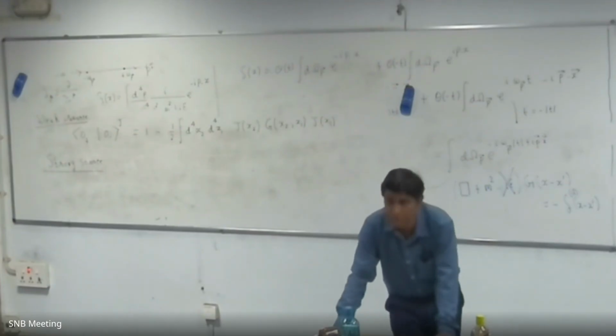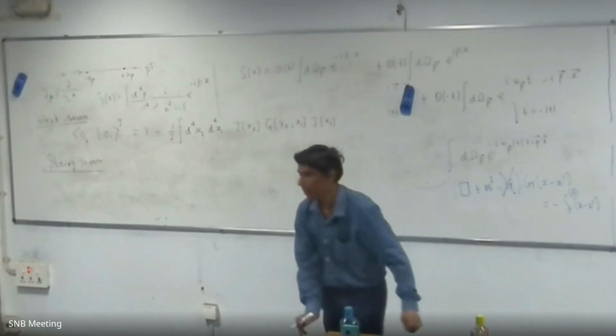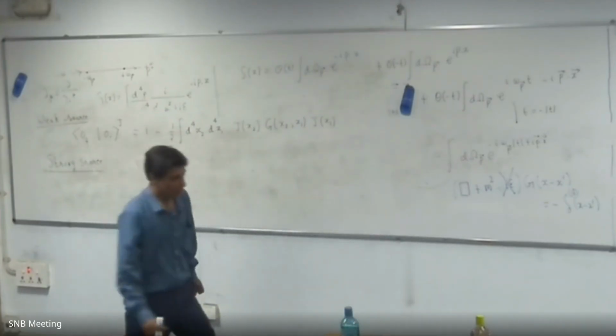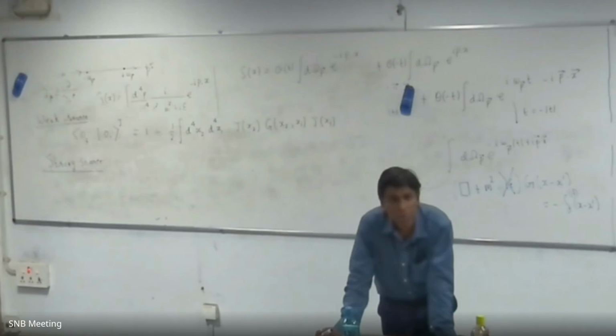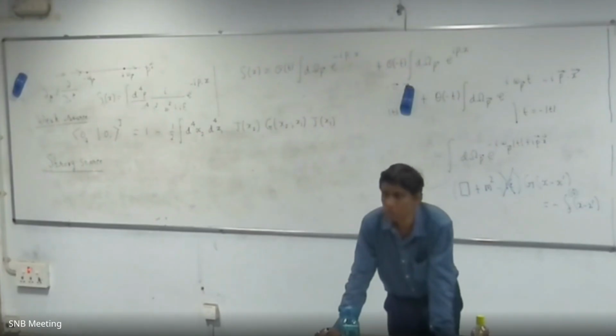Consider a strong source J divided into a large number of small independent, uncorrelated weak sources.